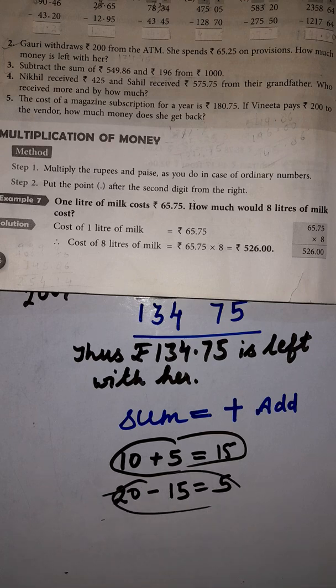So in these questions you have to do the same operations. You will first do addition here. After that you will subtract the obtained result, or sum of the numbers, from the given number. Okay.